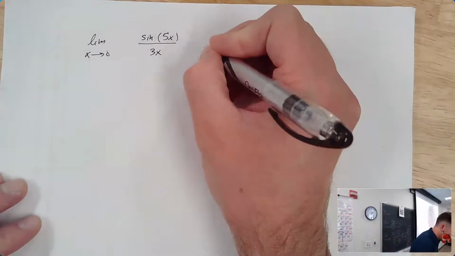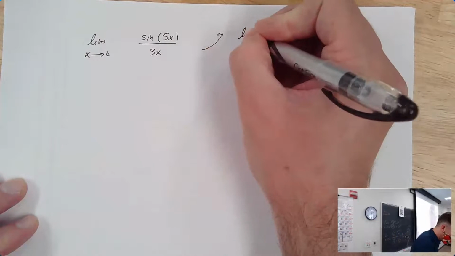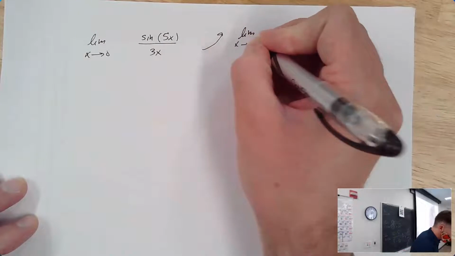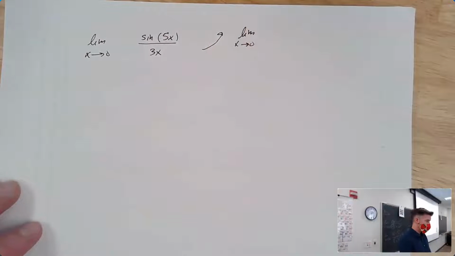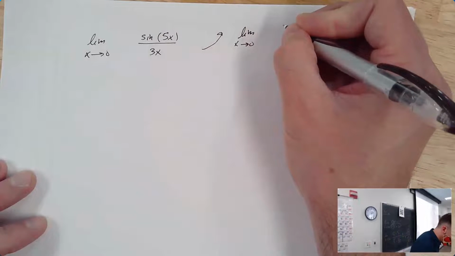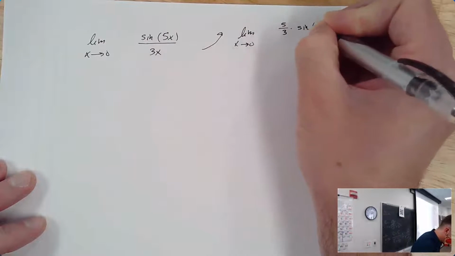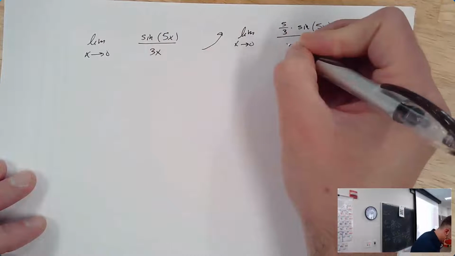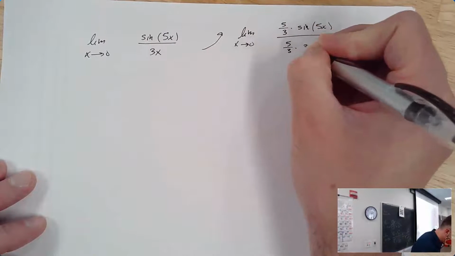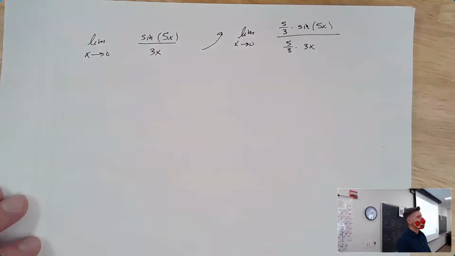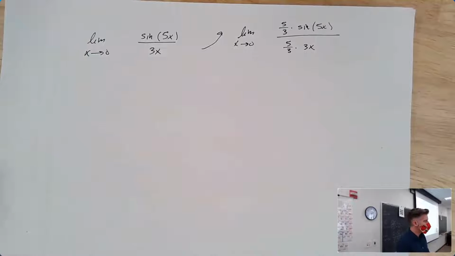So another way to attack this, we say, oh, I know I want to get a 5 in the denominator, and 5/3 times 3 is 5. So you can say this is the limit as x goes to 0 of 5/3 times sine of 5x over 5/3 times 3x. But really, you're still having to answer the question, what do I want in the denominator?